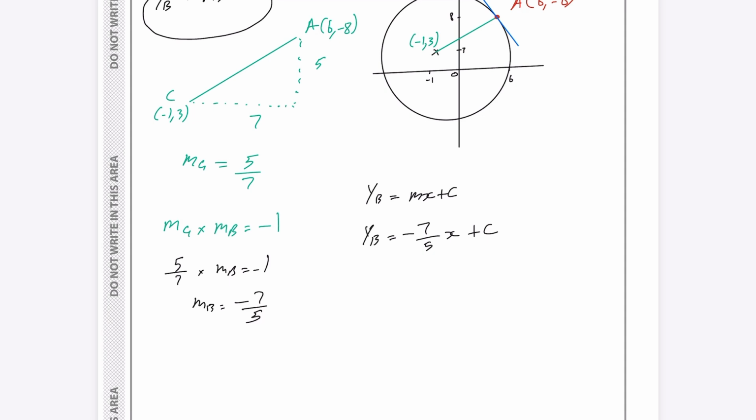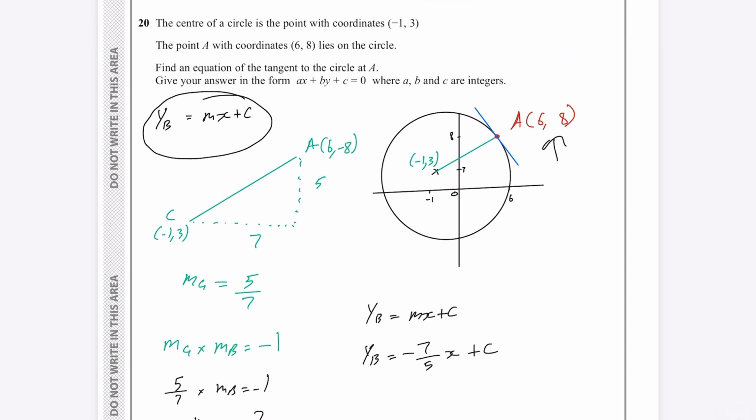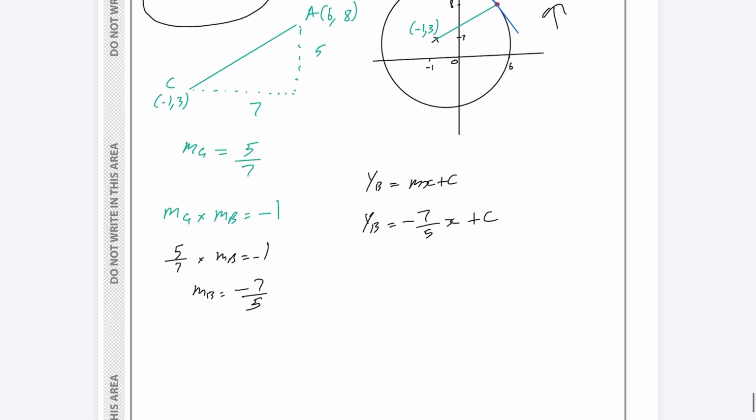But we also know something else about this blue line, that it has got this coordinate that it passes through, which is 6, 8, not minus 8, 6, 8, and that should say 8 there as well. So now if I sub in the points, x is 6 and y is 8. So y is 8 and x is 6.